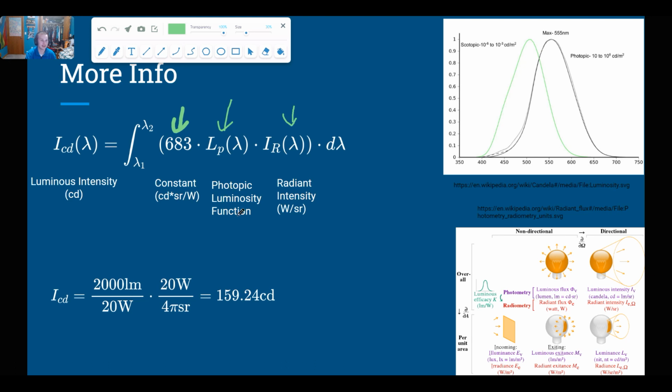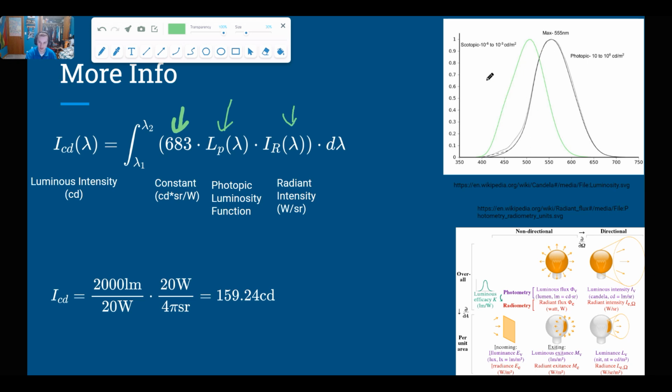But this phototropic luminosity function is a little bit more complicated. So if we come over here to the top right, we have two curves, the green curve and the black curve. Your vision is more sensitive to certain wavelengths of light.